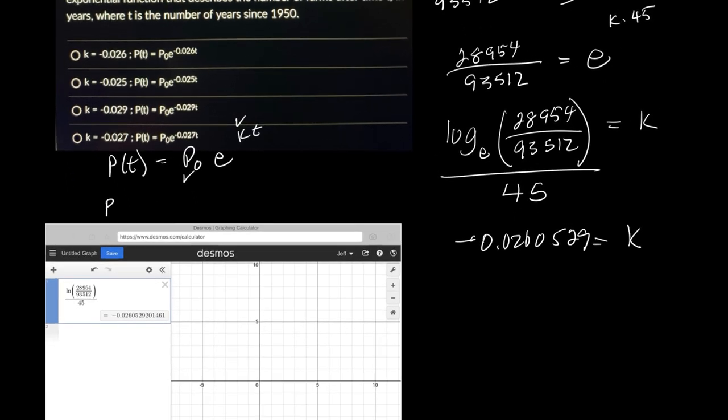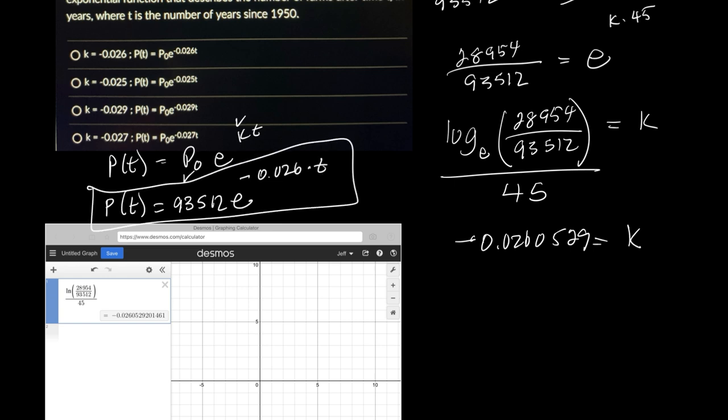So, the number of farms after a specific amount of time is equal to the one that they start with, which was 93,512, e, my k value is there. Oh, it looks like they round to 3 decimal places, so I'll do that. Negative 0.026 times t. So that's what I would get. And it looks like it's that one.